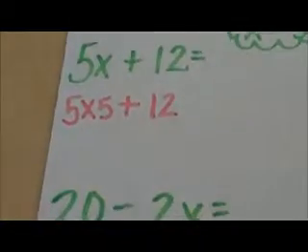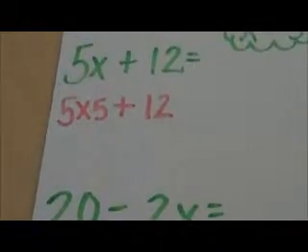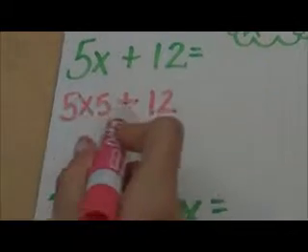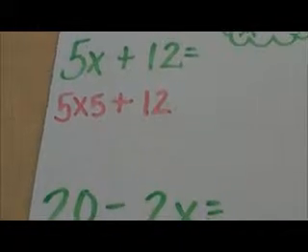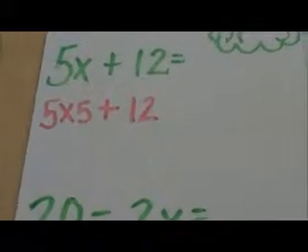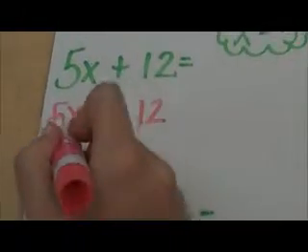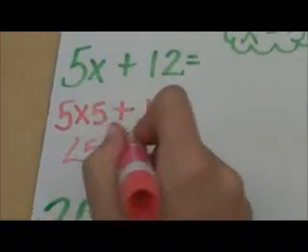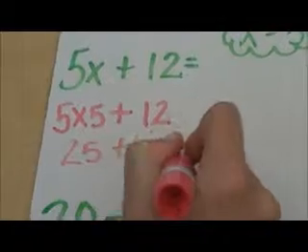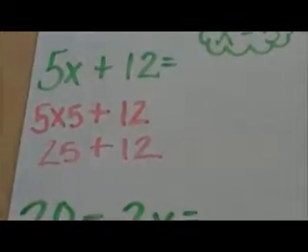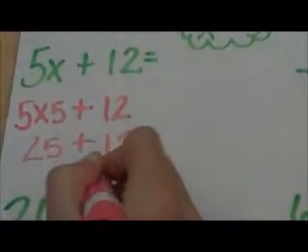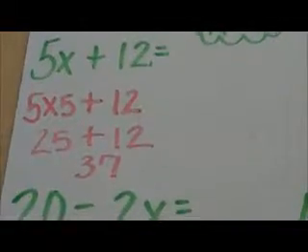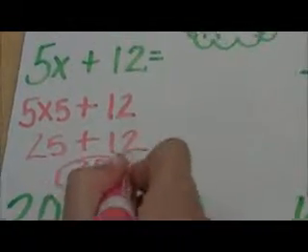You need to think of order of operations here, and Aunt Sally. I see multiplication and addition, and I know that multiplication comes first. So 5 times 5 is 25, plus 12, and 25 plus 12 is 37. And there's your answer for 5x plus 12.